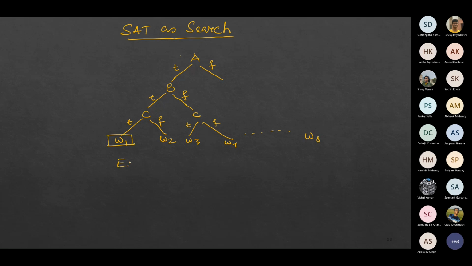So look at each of these leaves, right? Each leaf, what does it really signify? It is a complete assignment, right? And for each leaf, we will test for satisfiability.